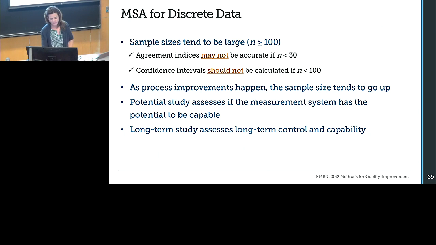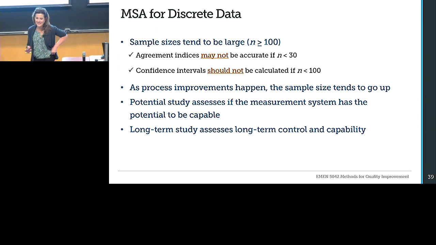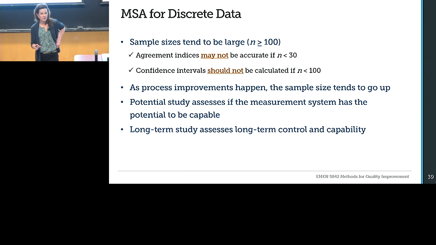Okay, so when you do this type of study, you'll see this: as process improvements happen, the sample size tends to go up, and really it has to do with the proportion defective you'd want to find. Ideally, if you're doing some type of vision system assessment, looking for good or bad, okay or not okay, you'd want it to be similar to whatever the proportion is in your population.